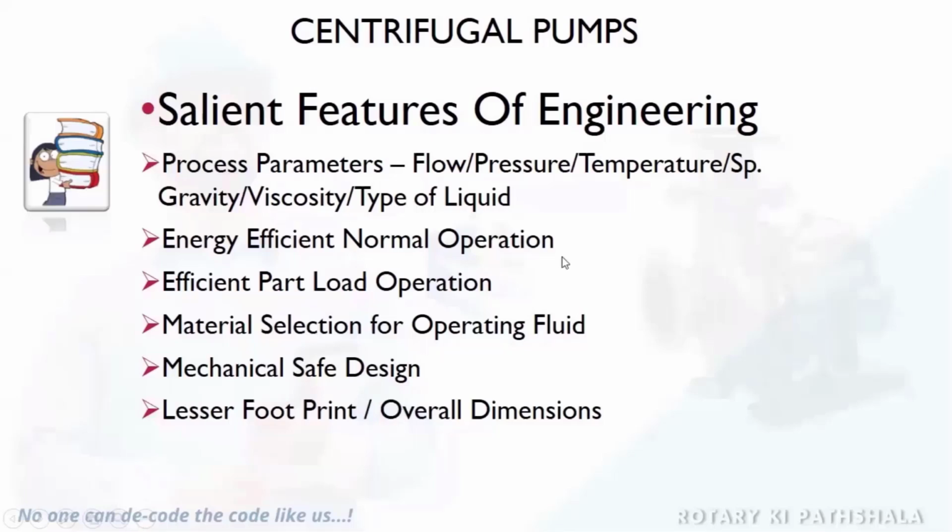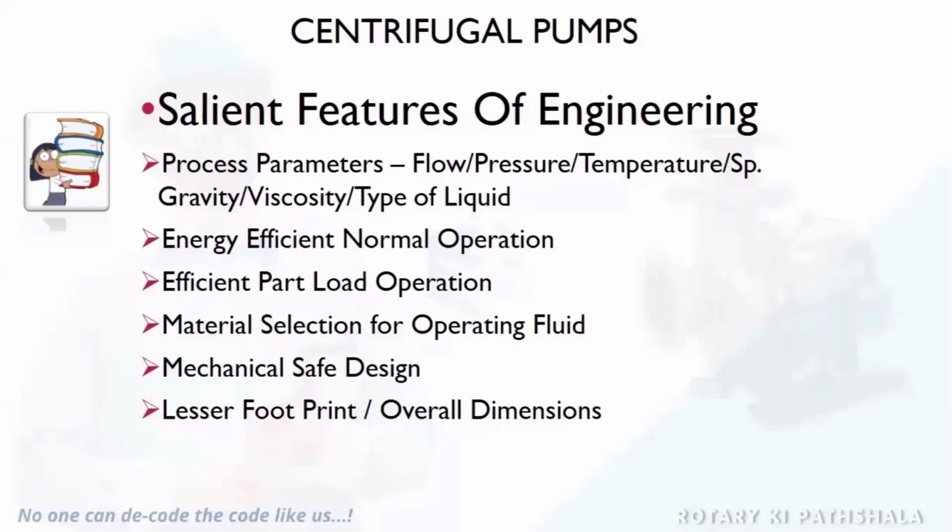Obviously, when we are doing the engineering, one more criterion is the lesser footprint or overall dimension. If you receive three offers, the vendor who is meeting all the requirements and requires a lesser footprint on the site saves land. That vendor may get a preference over the other two vendors because the design is compact and the overall dimensions are small.